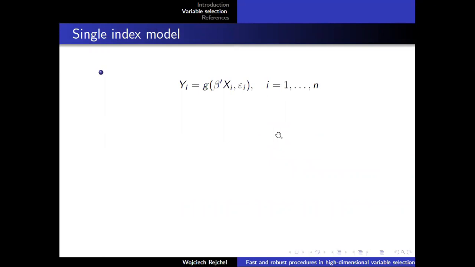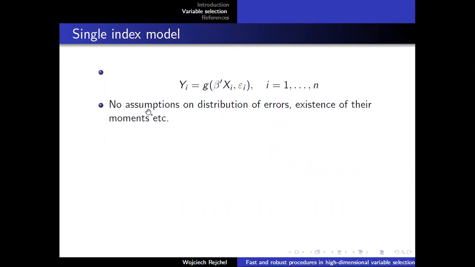Okay, so we work in the single index model. We put no assumptions on the distribution of errors, we do not need existence of their moments and so on. The function G is unknown. It will not be used in the estimation process. From the theoretical point of view, all we need is that it is increasing with respect to the first variable, where we have predictors.